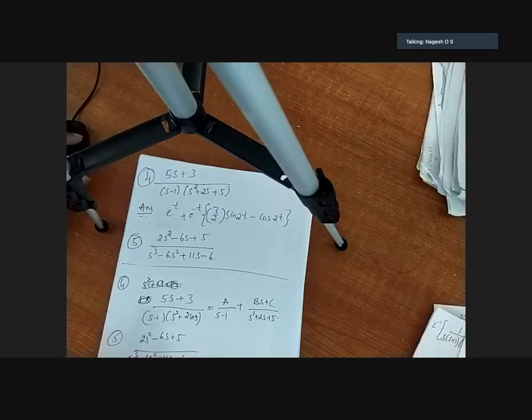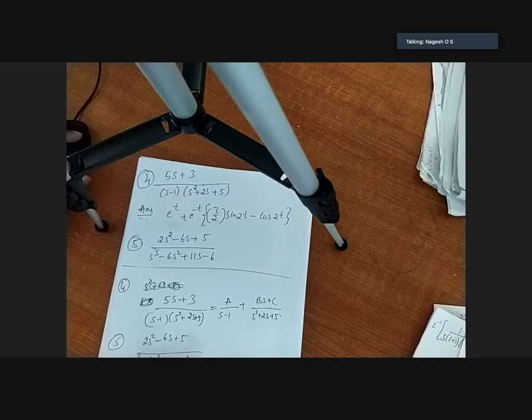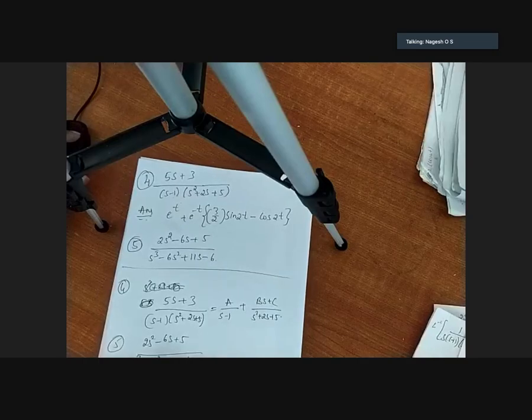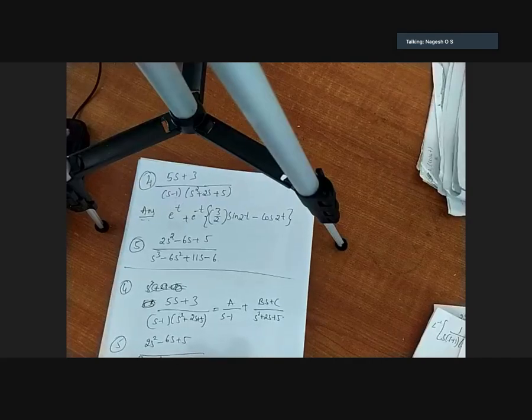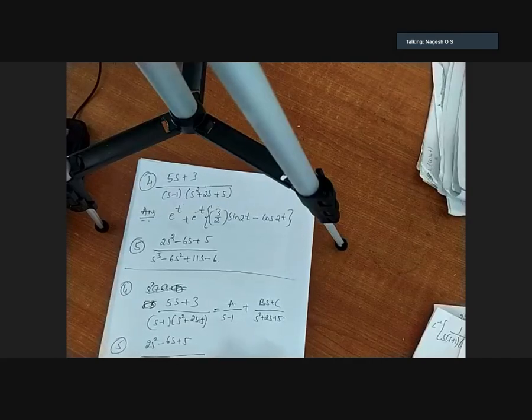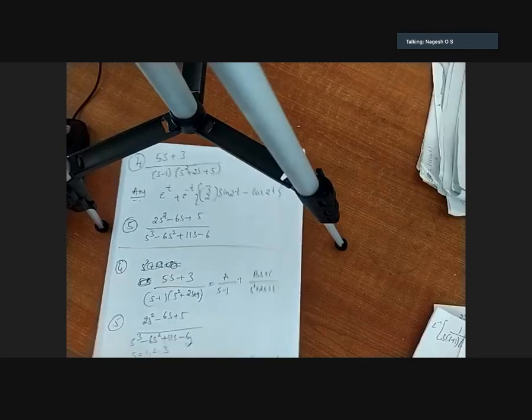So you can write this as 2s square minus 6s plus 5 divided by s minus 1, s minus 2, s minus 3. Then write this as A by s minus 1 plus B by s minus 2 plus C by s minus 3.